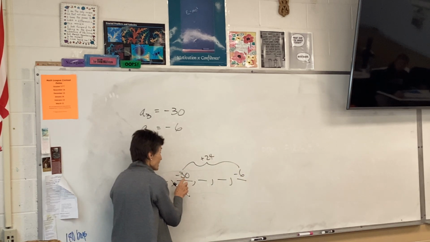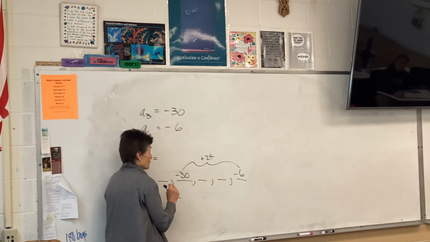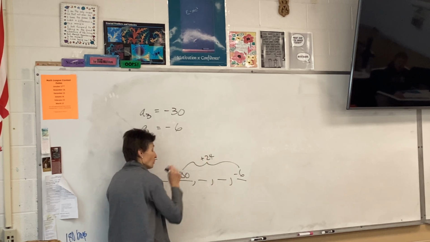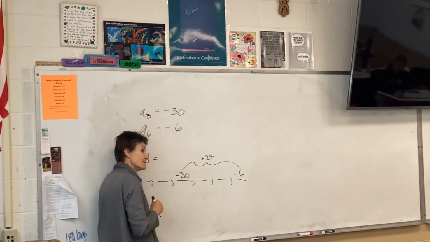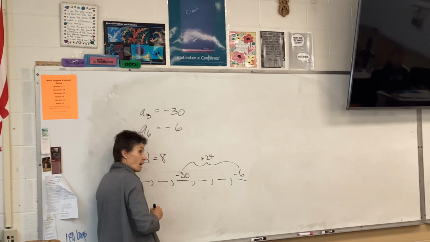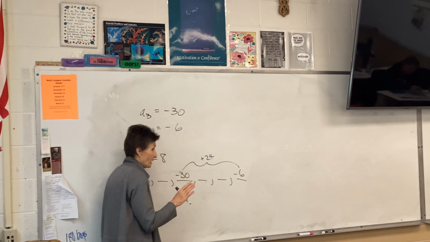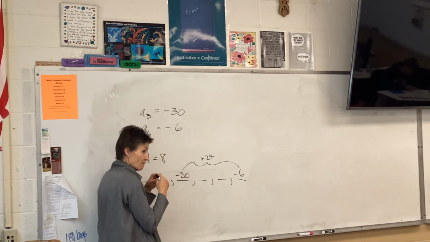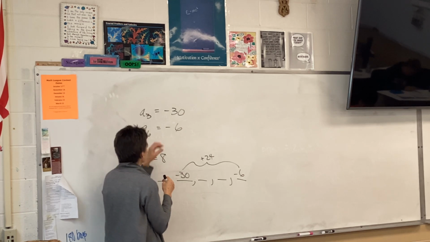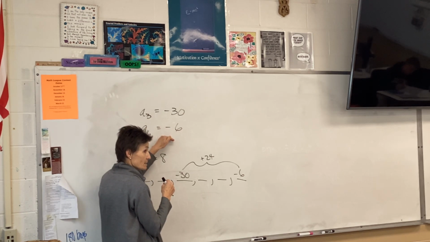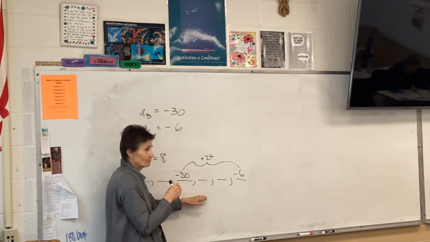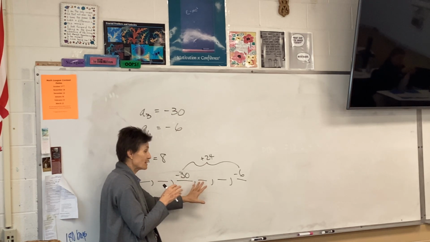So if it's taking us 3 steps, equal steps, to go a total of 24 units, then how big is each step? 8. So that's what they wanted to know, what the common difference was. It's 8. So we could do it by setting up a system of equations using our formula for each of these. But this is so much easier. Would you agree? Does that make sense to you?